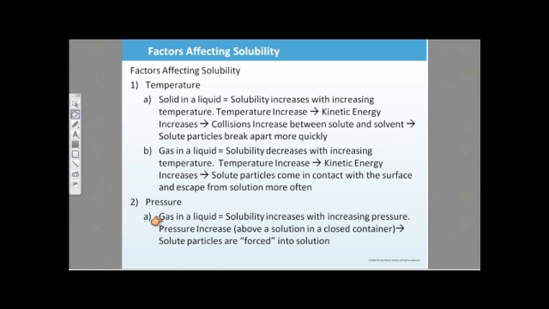And that's what they actually do when they manufacture soda and other carbonated beverages, is they are forcing gas into solution by using pressure. So when we open it and we hear that little popping sound or hissing sound, it's because we are releasing that pressure, which is allowing those gas particles to come out of solution. So an increase in pressure increases solubility.